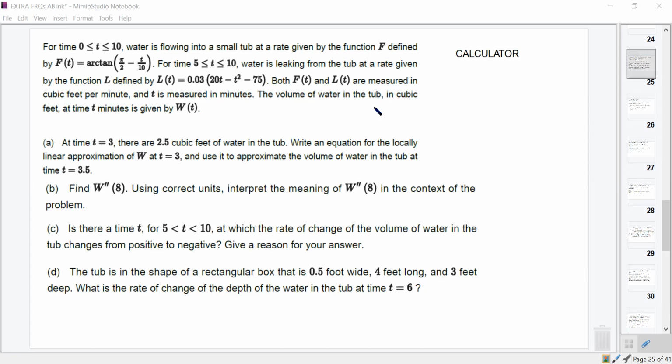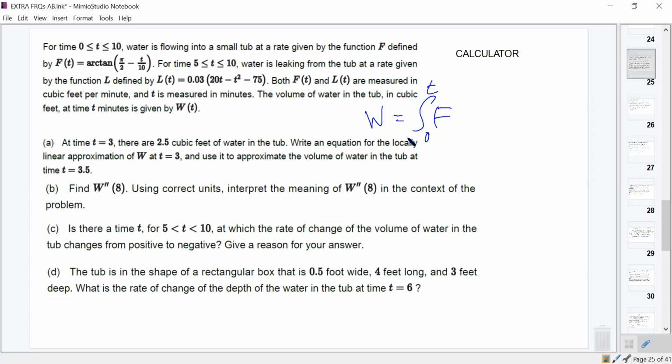So the volume of the water in the tub is W, which should be the integral of, let's see here, should just be the integral of f from 0 to some t value, and so we're talking about at 3.